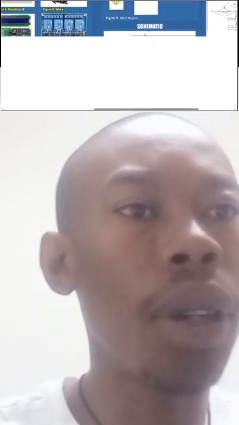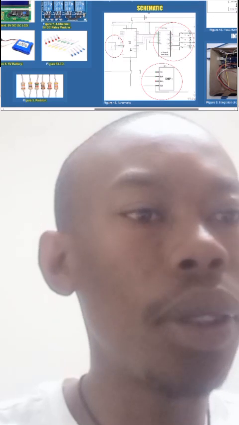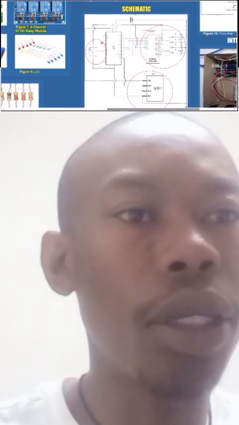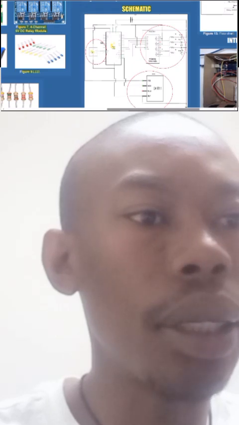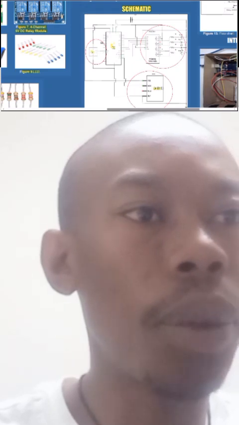Moving forward to our schematic, here's our schematic showing how the connections of the system are going to be. You can see our Arduino Uno, our LCD, and DHT with our relay module.